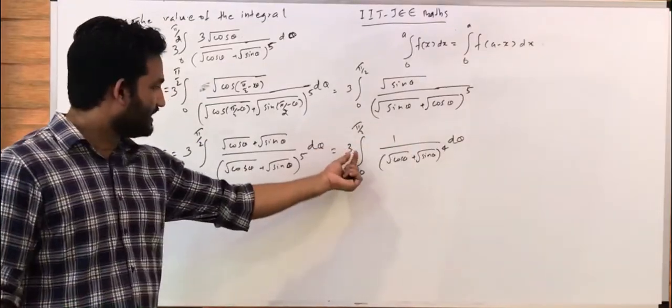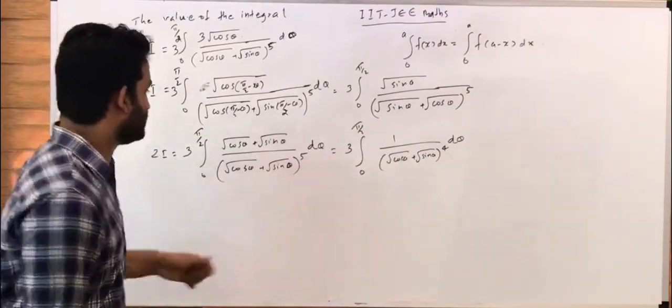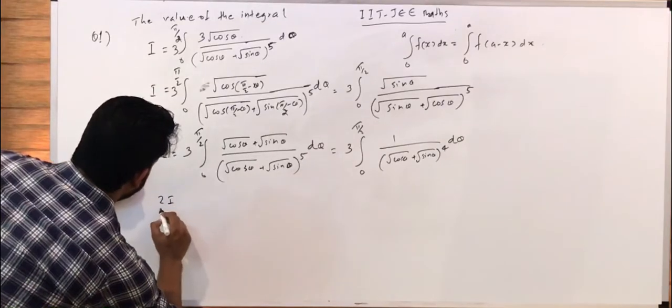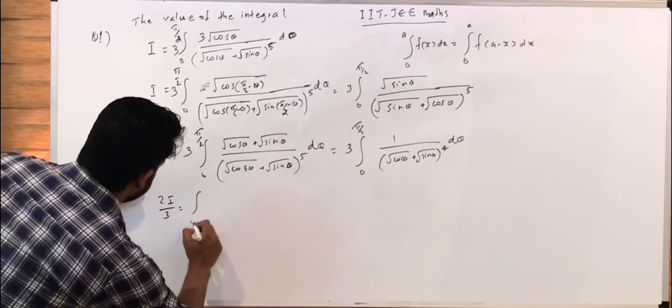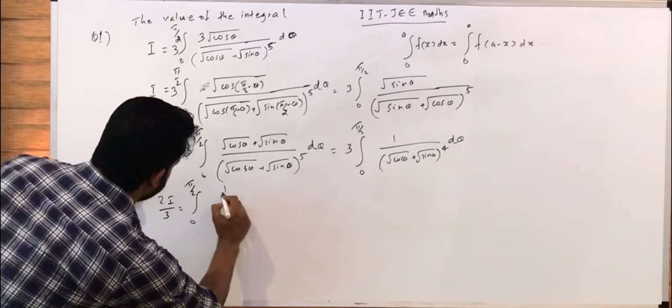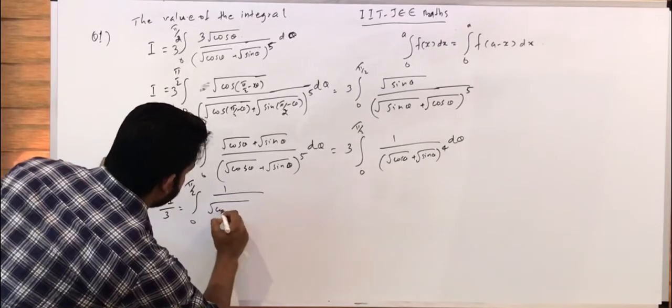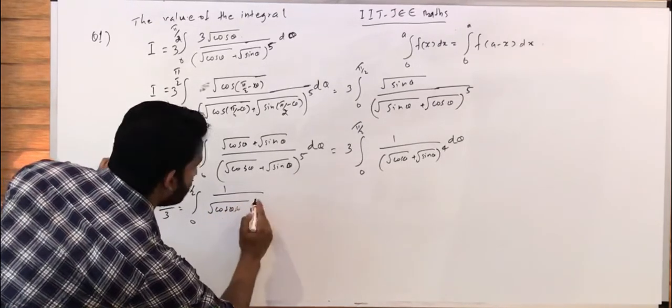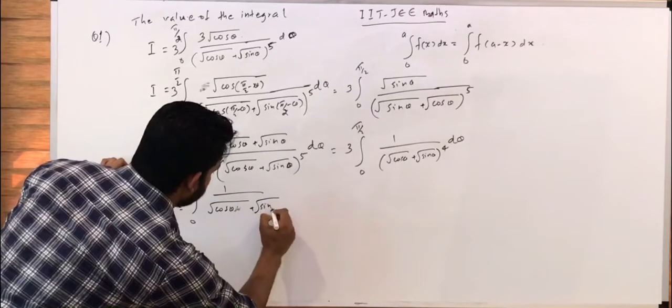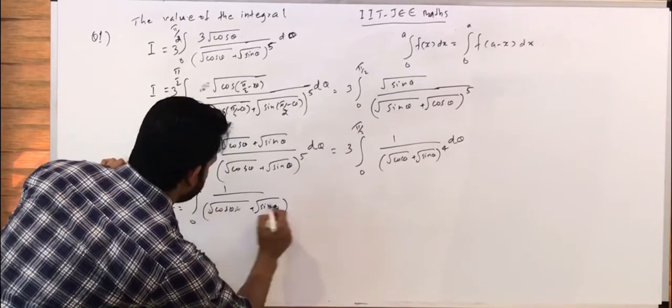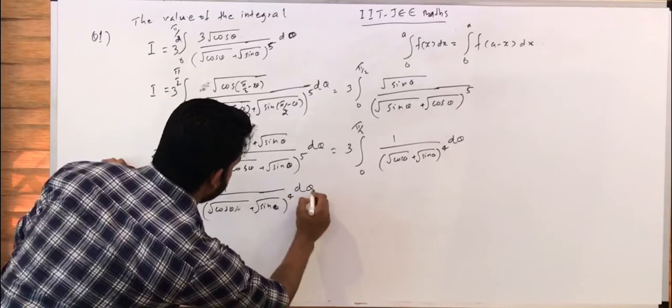From here we can take 3 to the left hand side. So 2I by 3 becomes integral 0 to pi by 2 of 1 divided by (root cos theta plus root sin theta) all raised to 4 d theta.